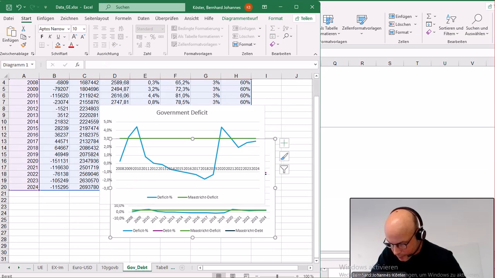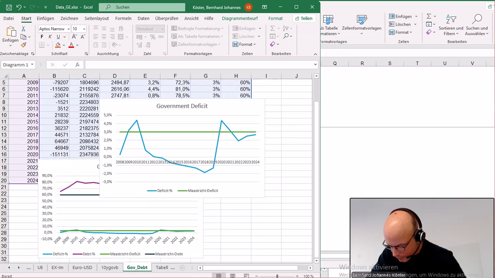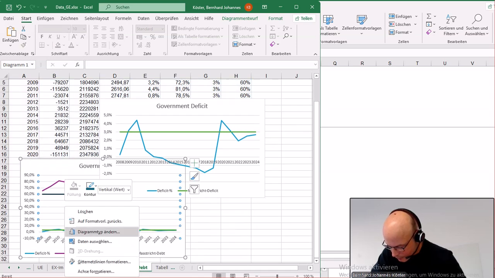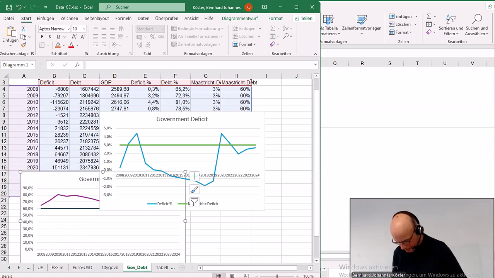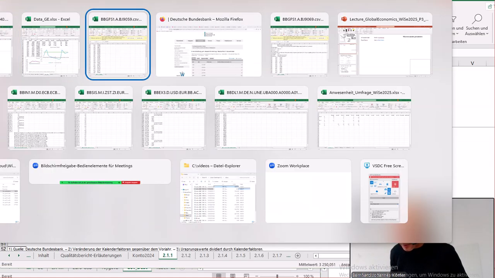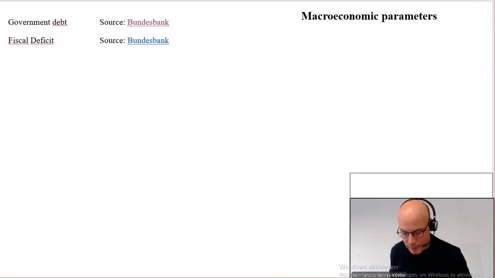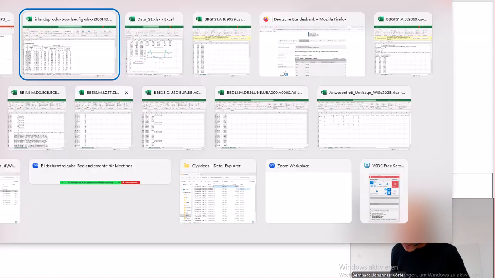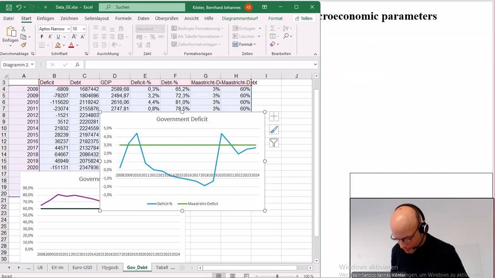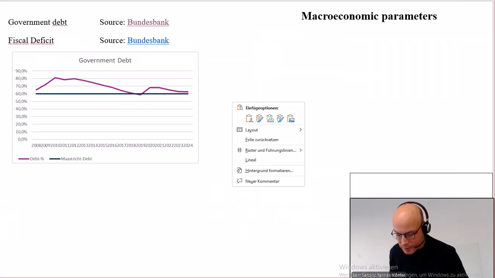And here we have debt, debt, okay. Government debt and government deficit.